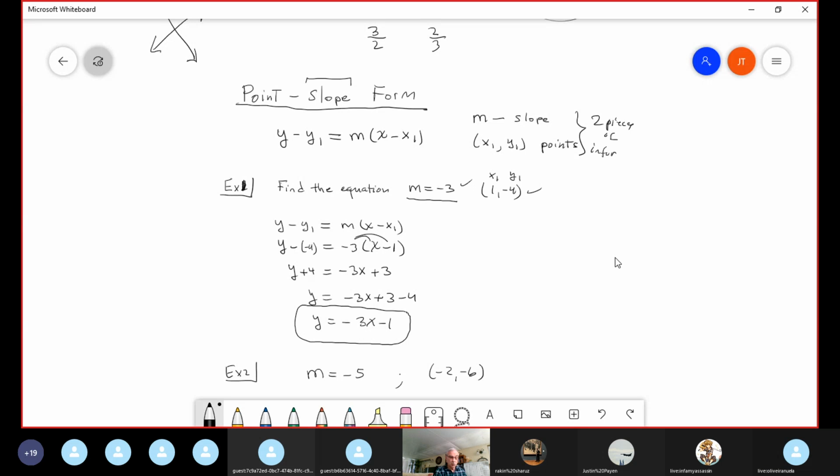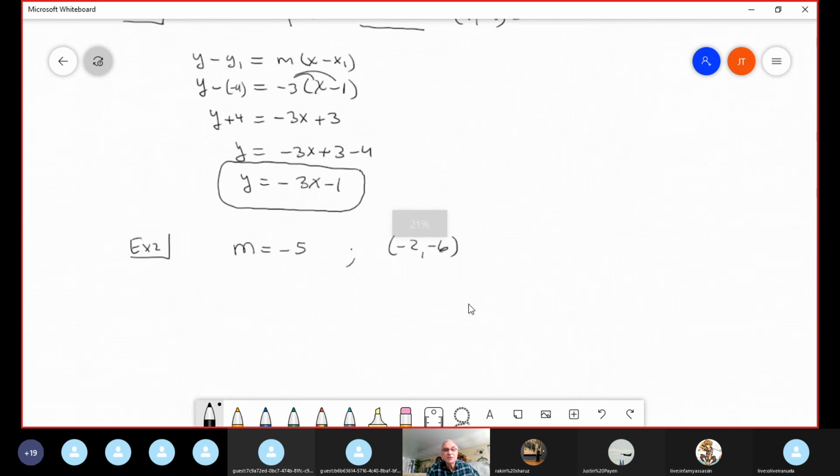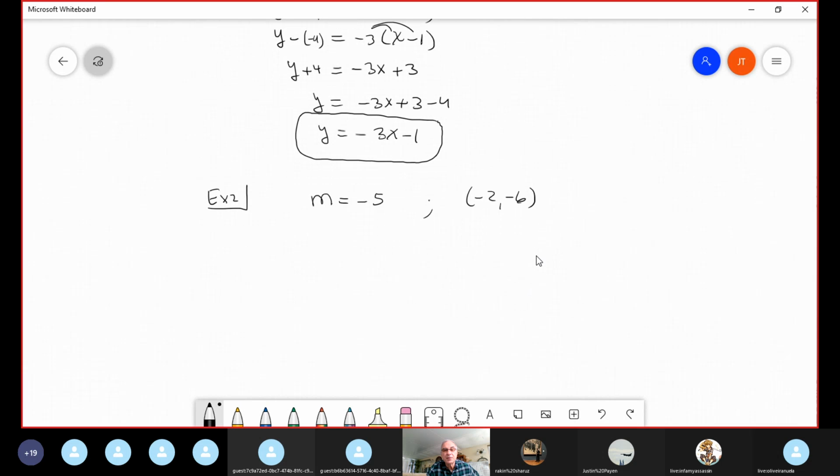Thank you. Super. Let's do 2 more examples and that's it. For example, in example 2 the slope is given, 1 point is given, and you need to find the equation of the line. So, we're using that formula. Y minus y1 is equal to slope, parenthesis, x minus x1.